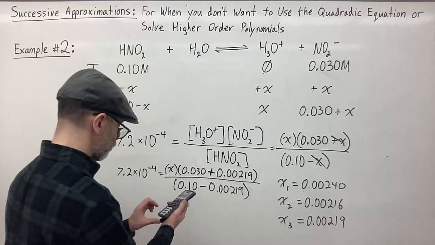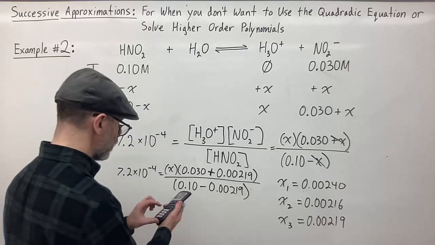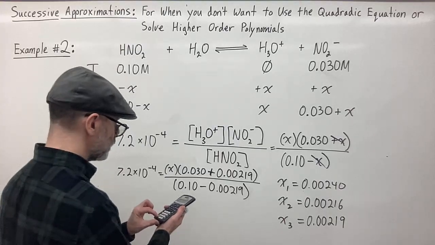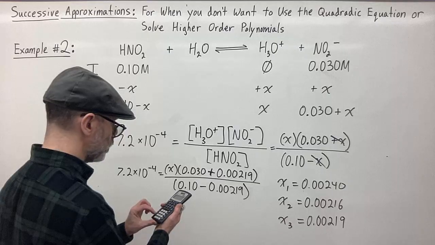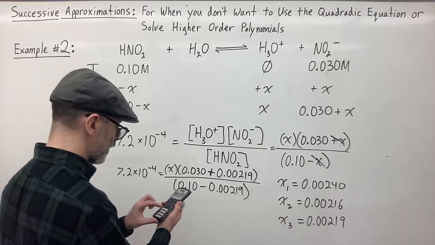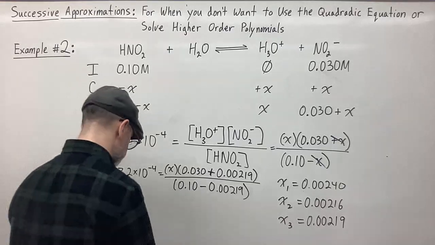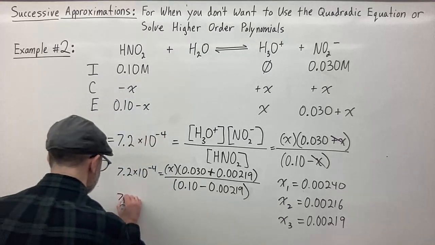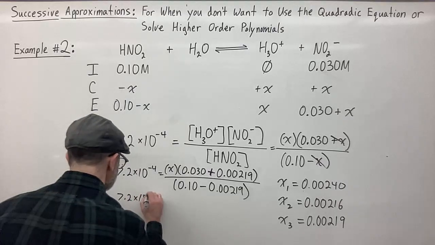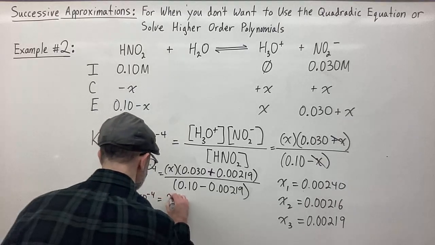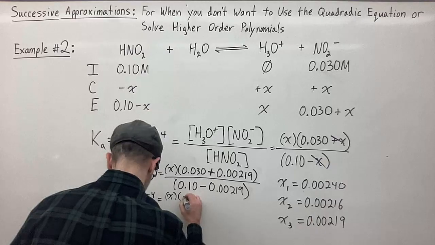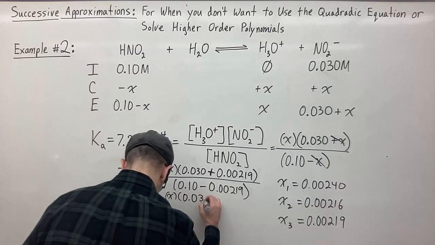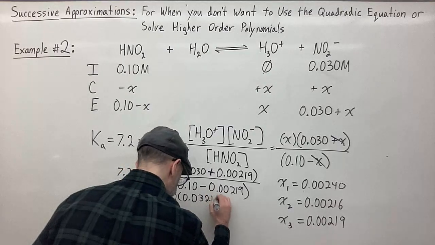So in this case, again, we have 0.03 plus 0.00219 equals, and here we're going to get 7.2 times 10 to the negative 4 is equal to x times 0.03219.